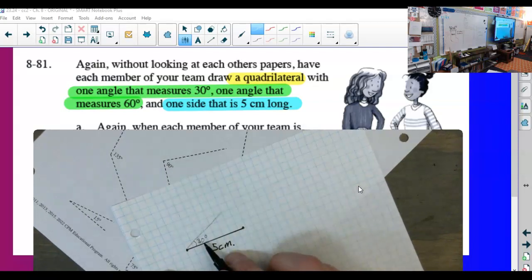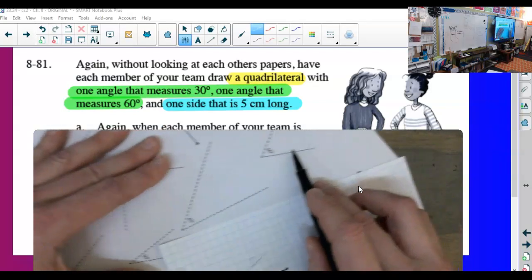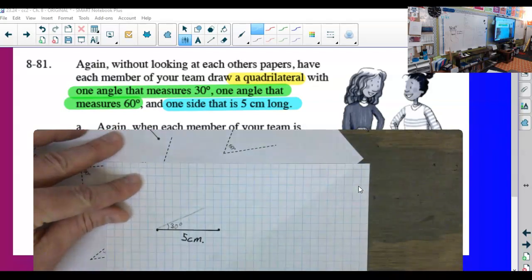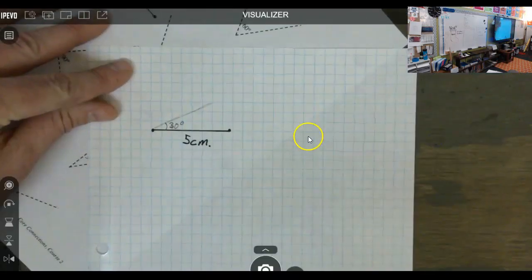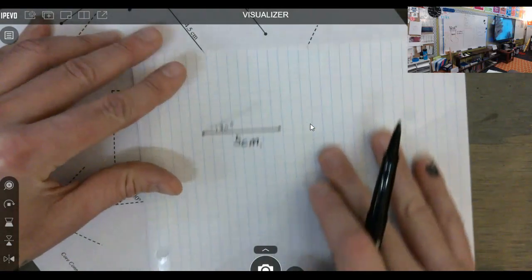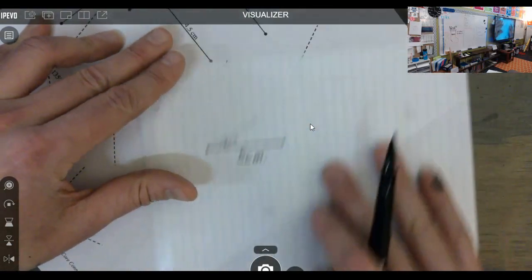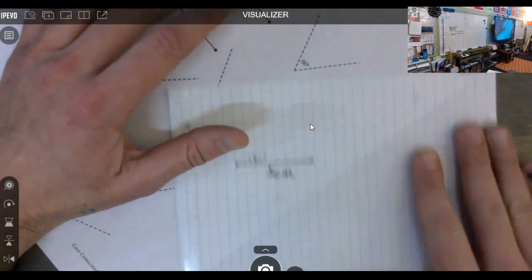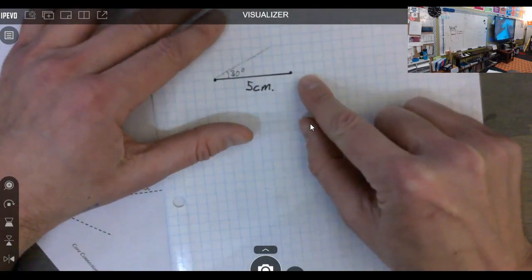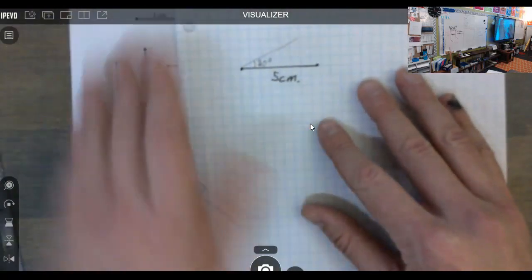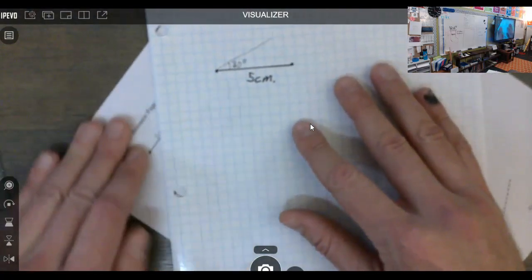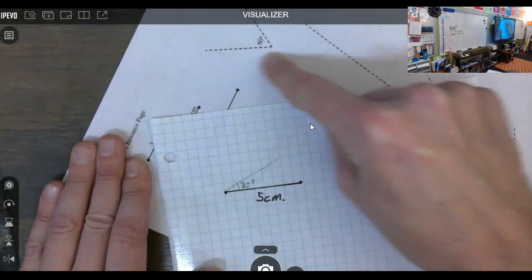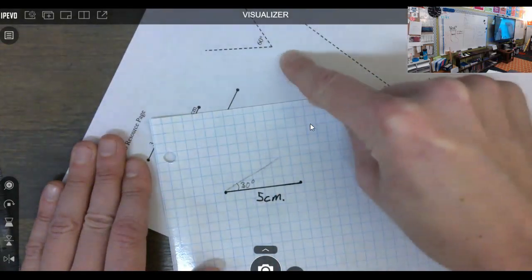I also need a 60 degree. Now hold on. If I go to use this 60, you guys look up here real quick. If I go to use this 60 and I try to line it up like this, I gotta turn this paper all the way around so that this is the bottom of my shape.